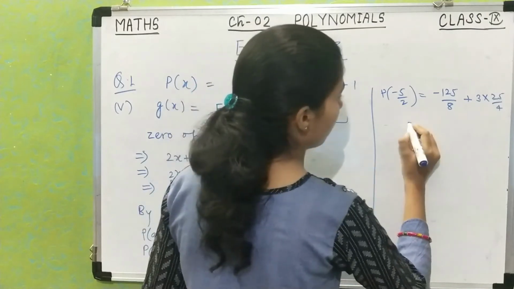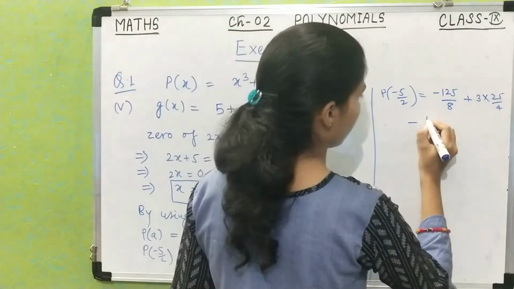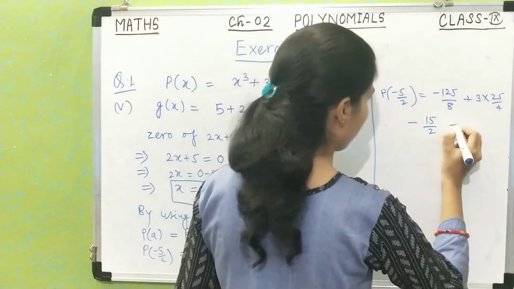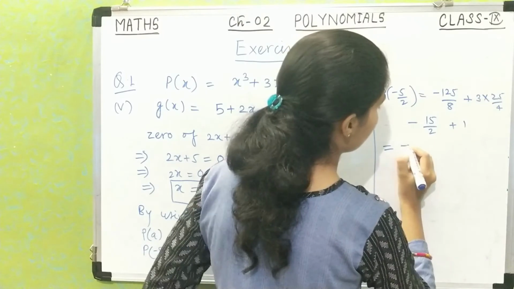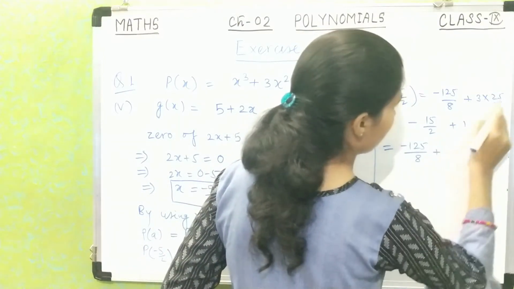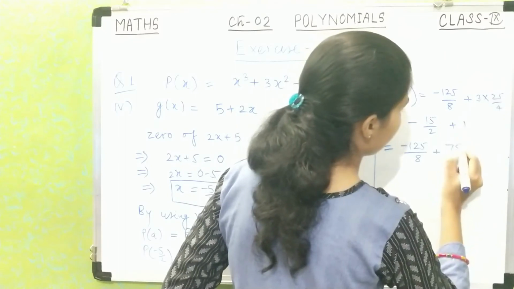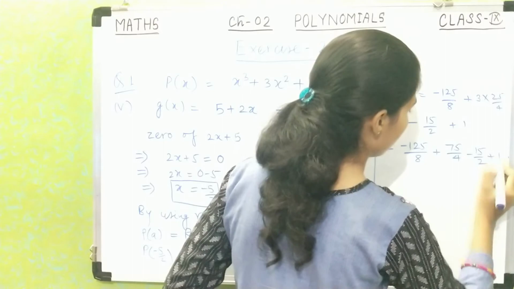Minus 3 into this 5 by 2, so 3 fives are 15 by 2, plus 1. Make it simpler: 25 threes are 75 upon 4, minus 15 by 2, plus 1.